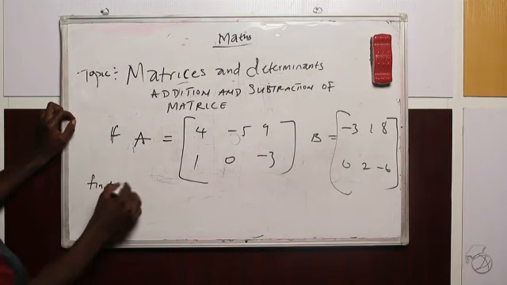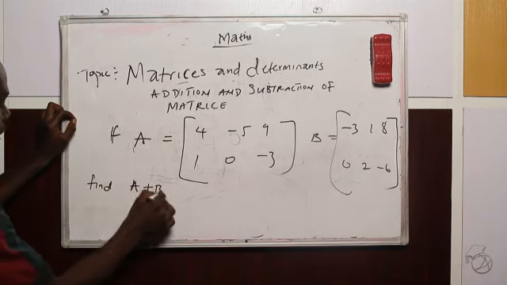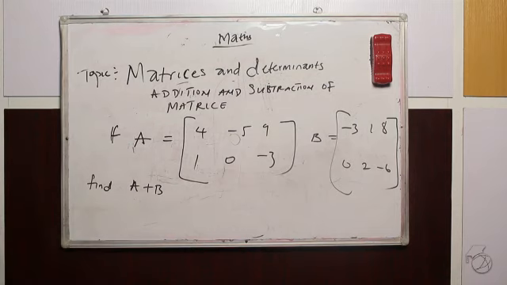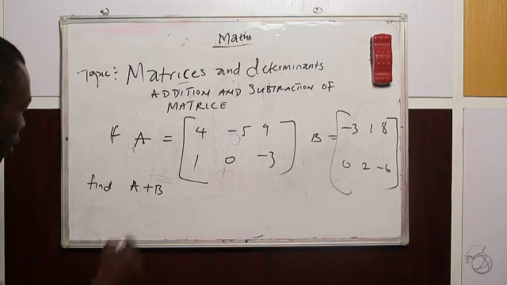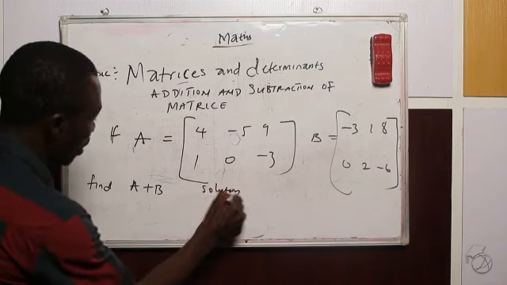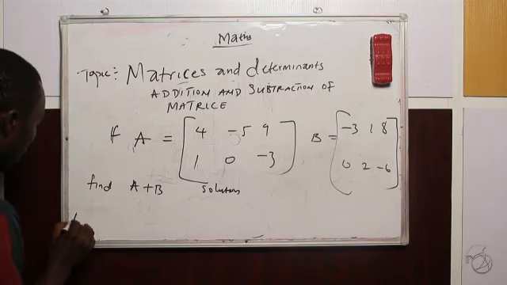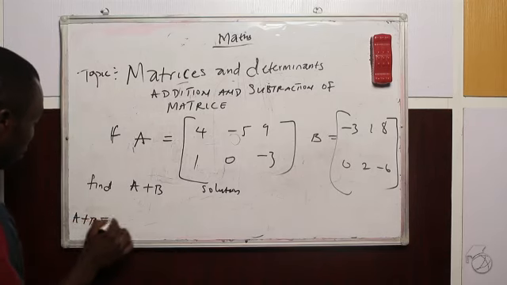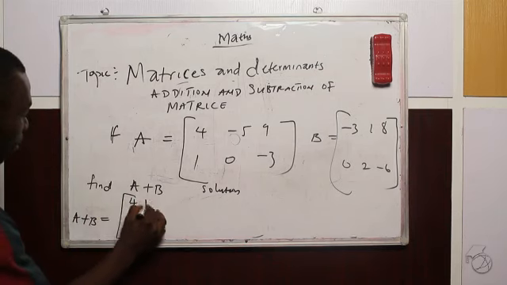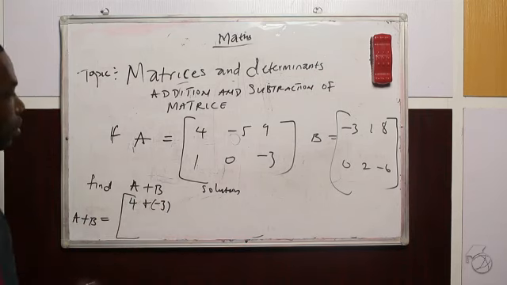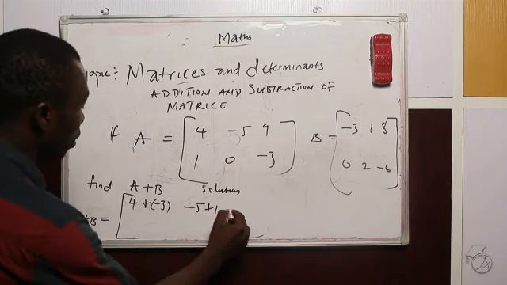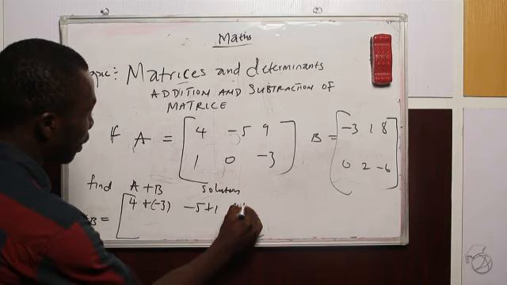Find A plus B. The meaning of A plus B is addition. Solution: A plus B is equal to 4 plus minus 3, minus 5 plus 1, and 9 plus 8.